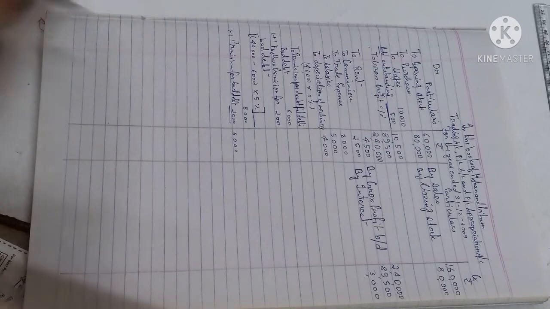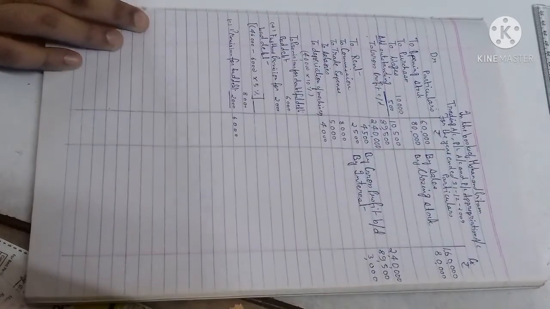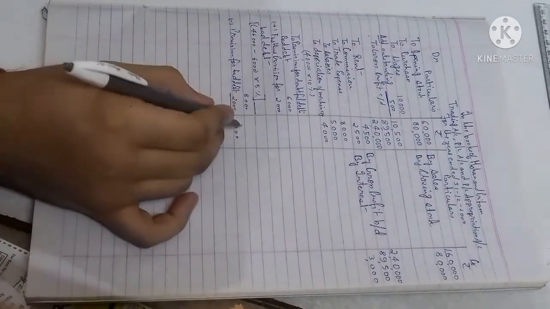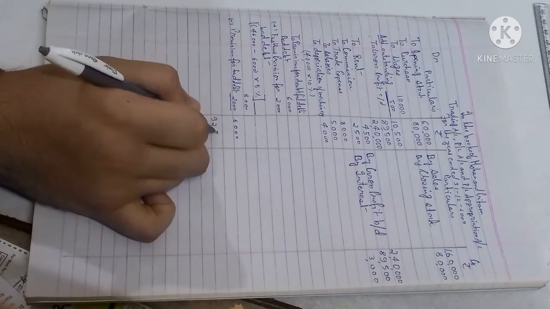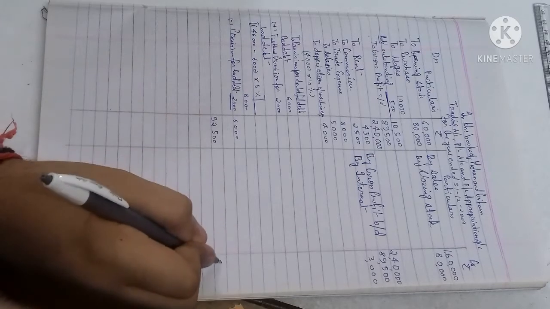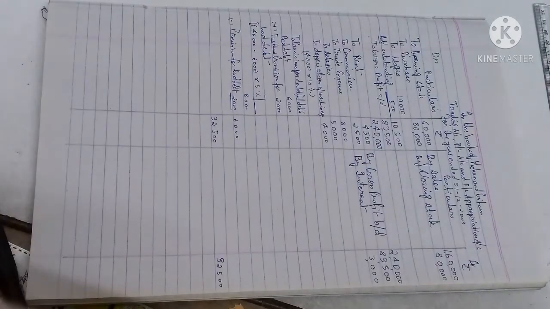Now you see which side is more. The amount in the credit side seems to be bigger. So now sum it up. You will get the answer as 92,500. Now 92,500 minus 4,500 minus 2,500 minus 8,000 minus 5,000 minus 4,000 minus 6,000.